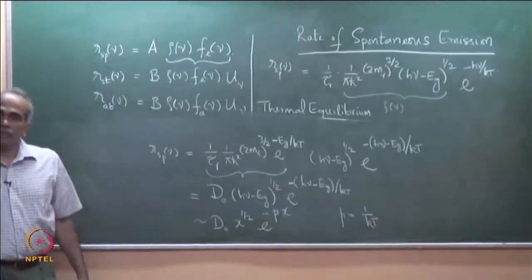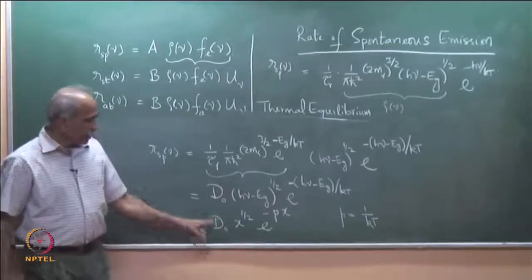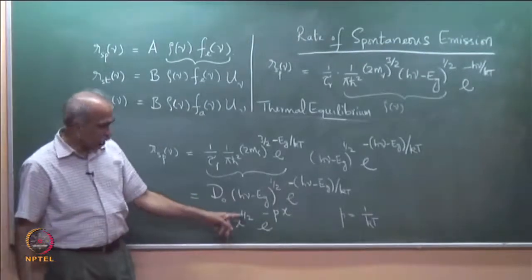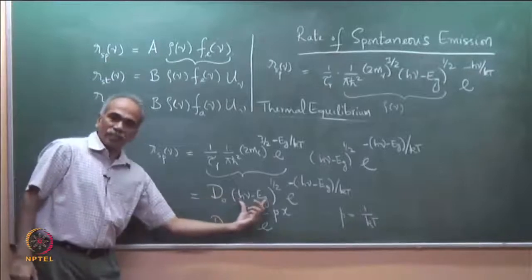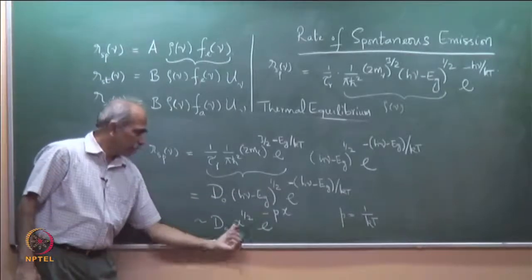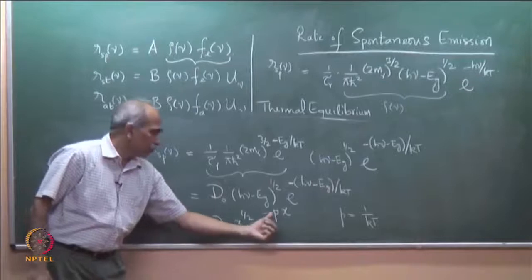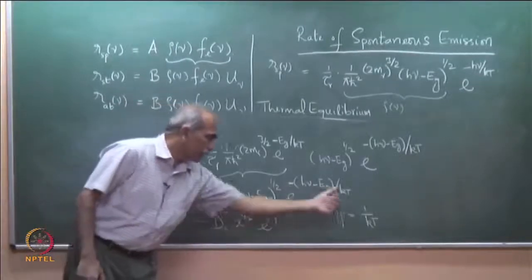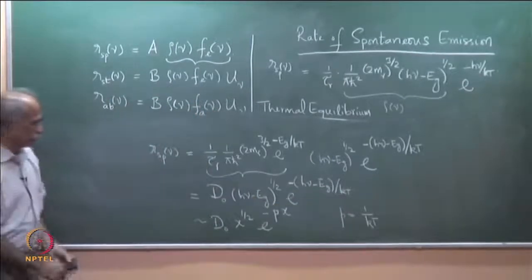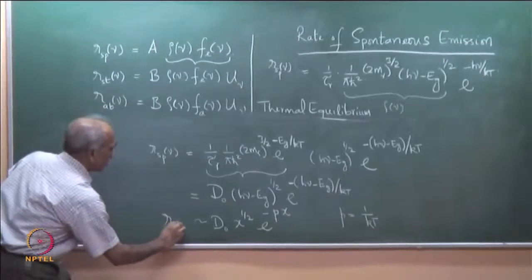Is that okay? This is of the form x to the power half, where x is h nu minus Eg, into e to the power minus p x, where p is 1 by kT. So, this is the rate of spontaneous emission.